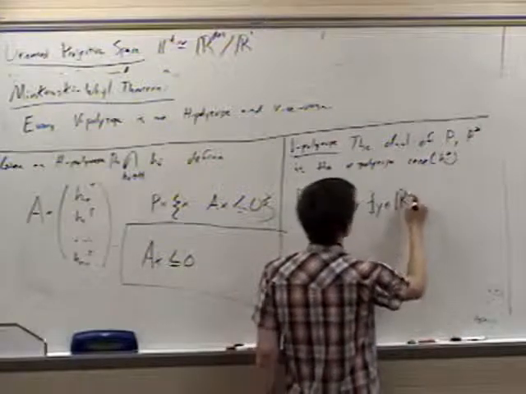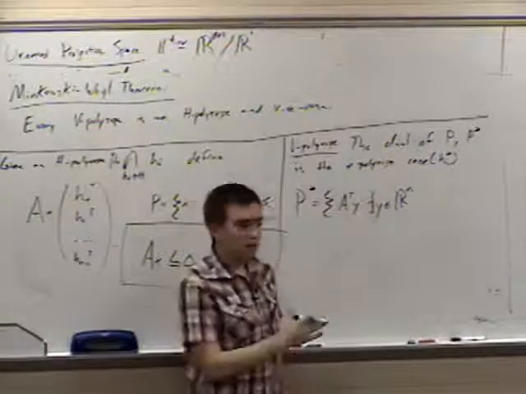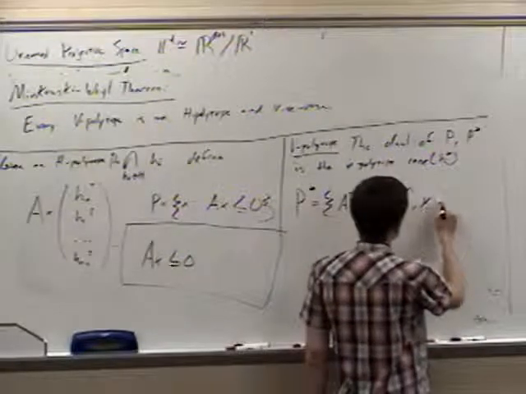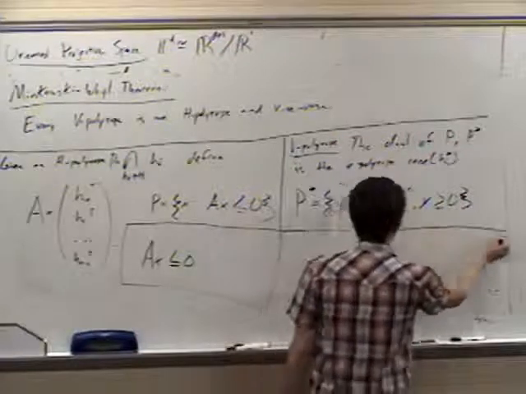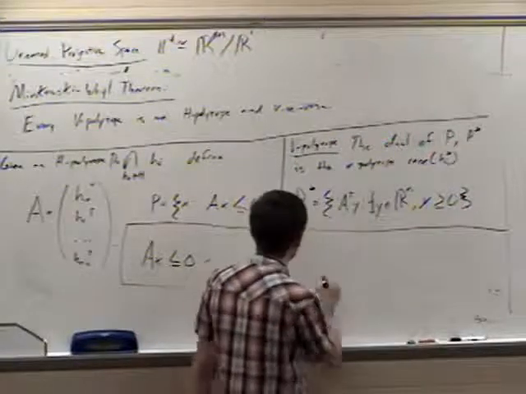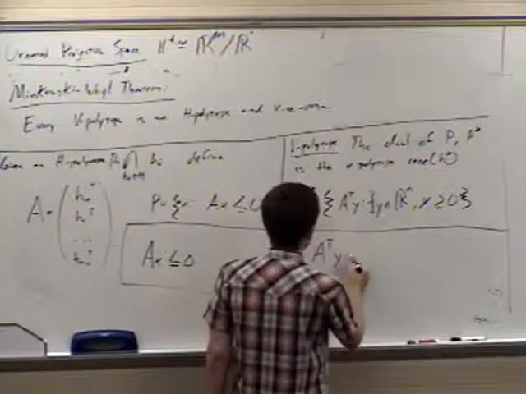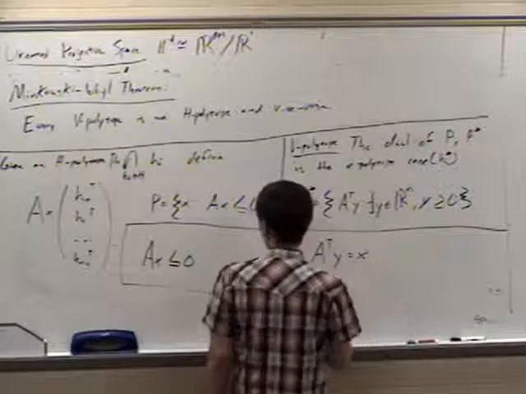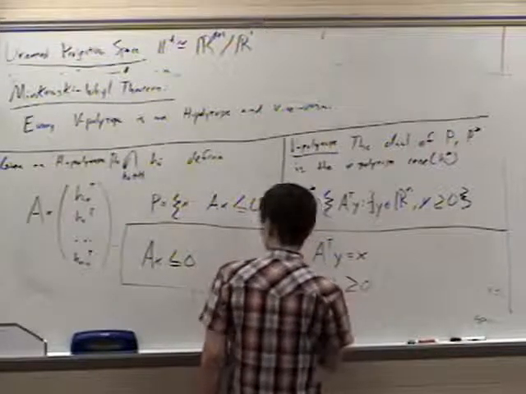Right? So we're just going to think of y as a set of weights that we're going to multiply each of these points by, where each component of y is greater than or equal to 0. Or if we write it as a system of equations, this is something of the form A transpose y equals some vector x, right, where y is greater than or equal to 0.